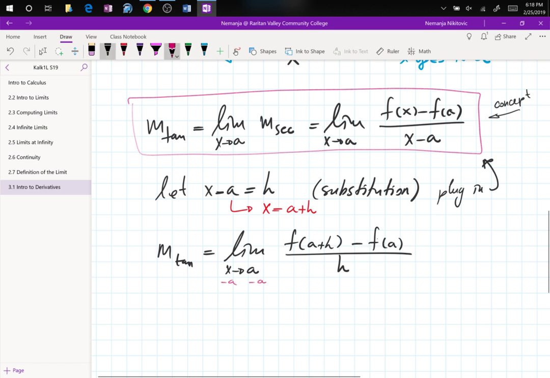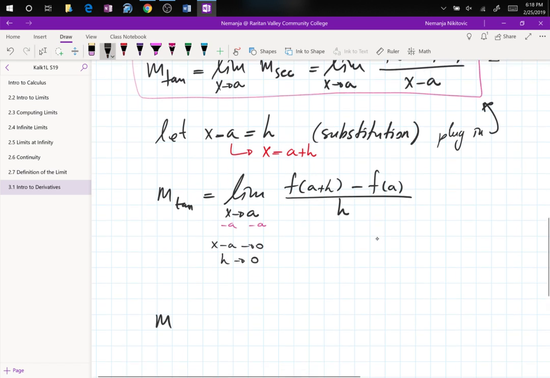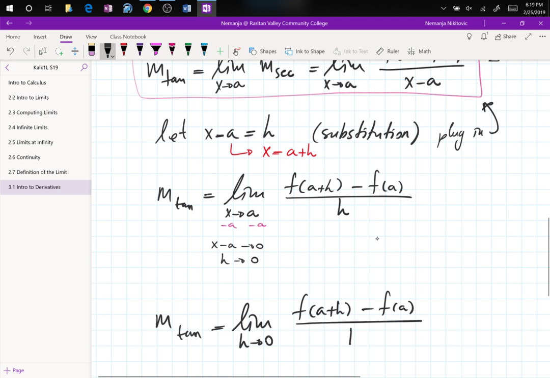And when you subtract a on both sides, you get x minus a goes to 0. But you know that your x minus a is h, so here's your h goes to 0. Yay! m tangent now is given as the limit as h goes to 0 of f of a plus h minus f of a over h.